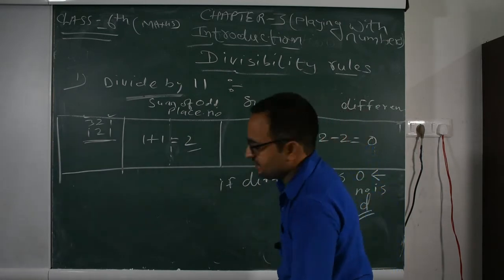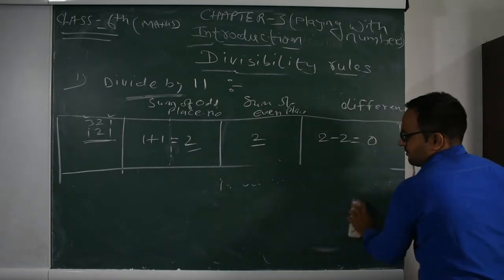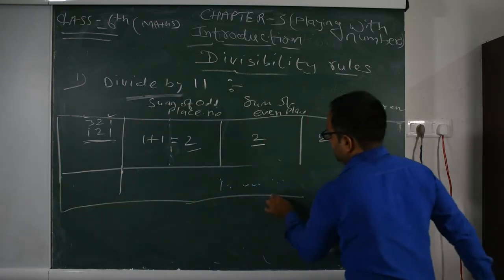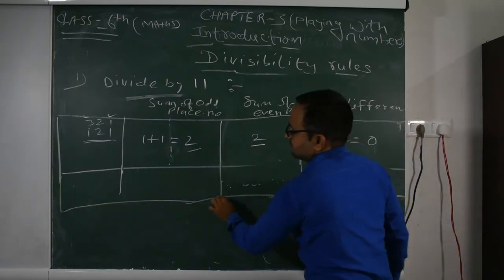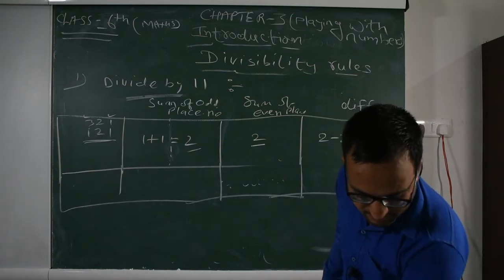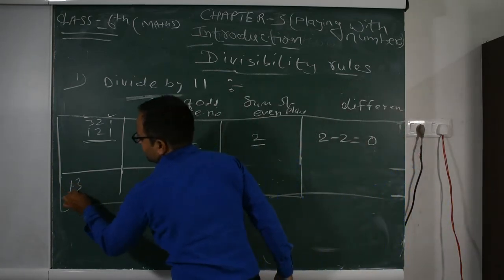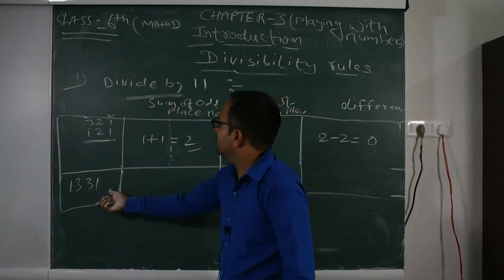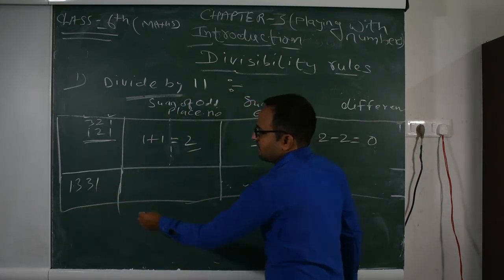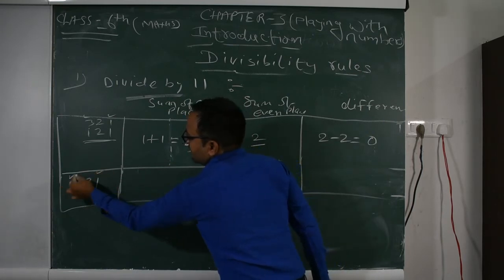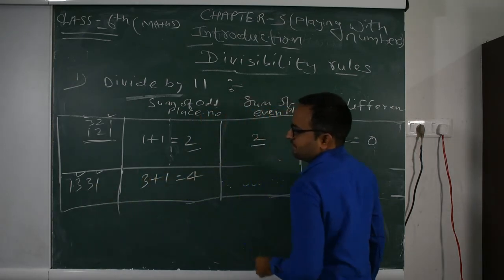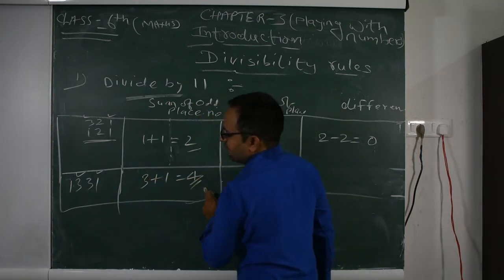Okay. Now we take another example. 1331. Is it divisible by 11 or not? So first we add the odd place numbers. The odd place numbers are 1 and 3, so we get 4.